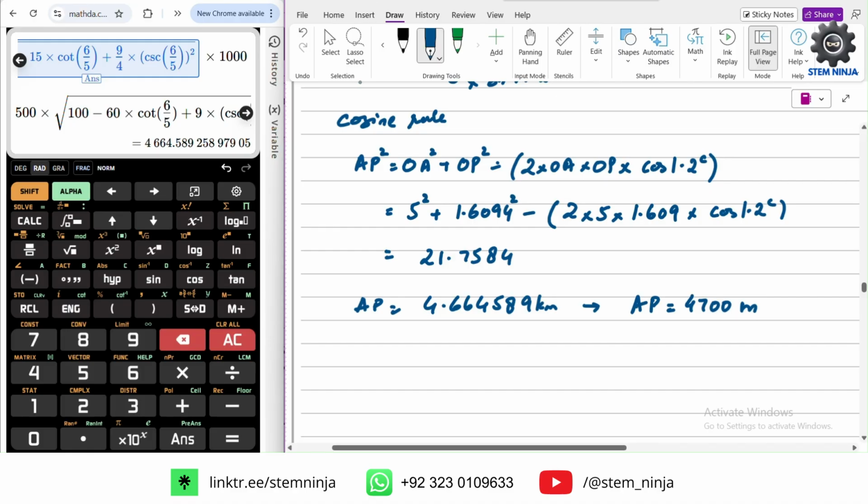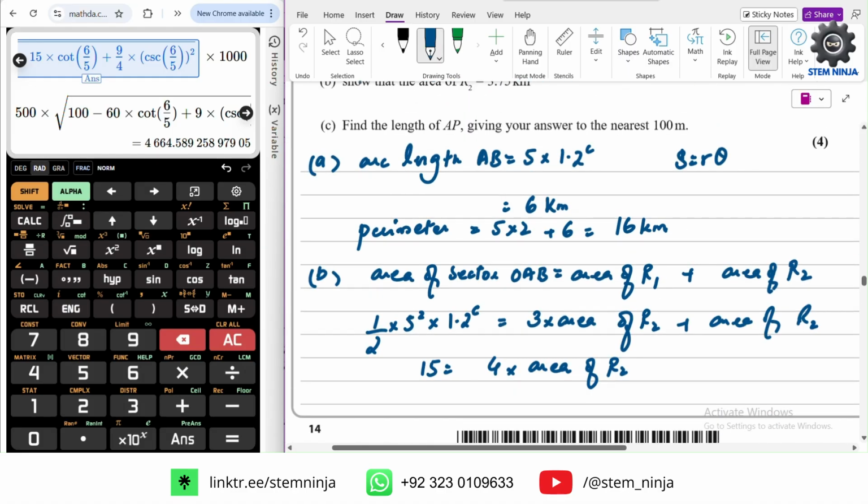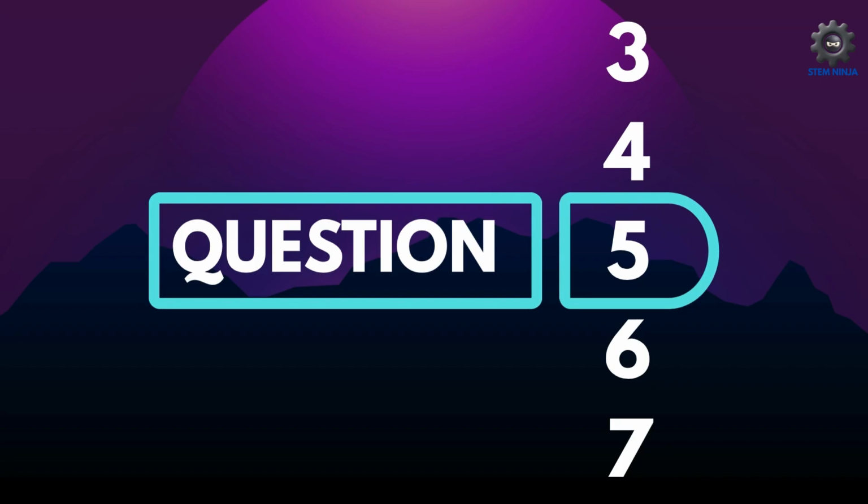Okay, so two significant figures is like the nearest 100 meters. Right. Okay.